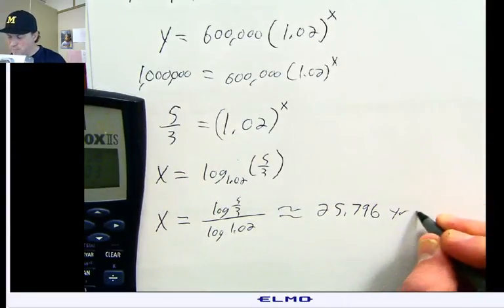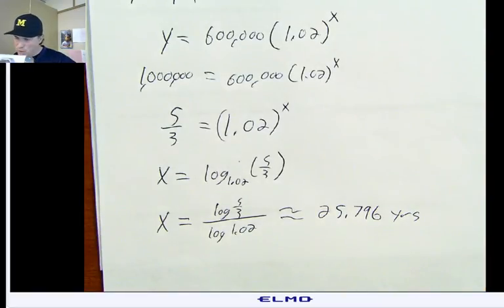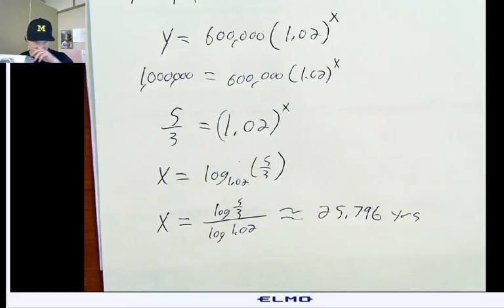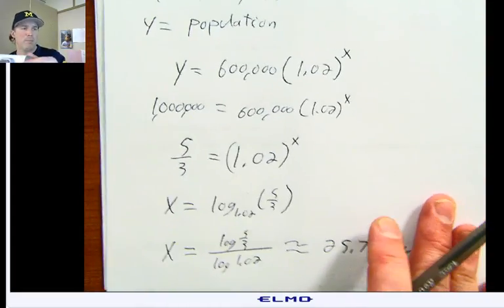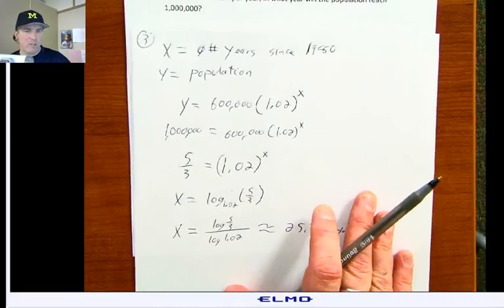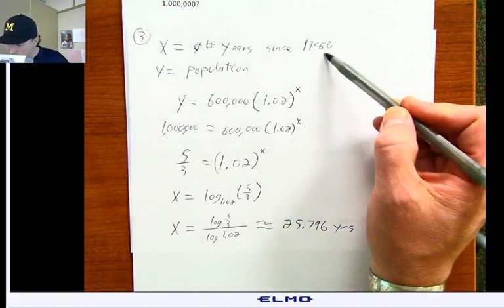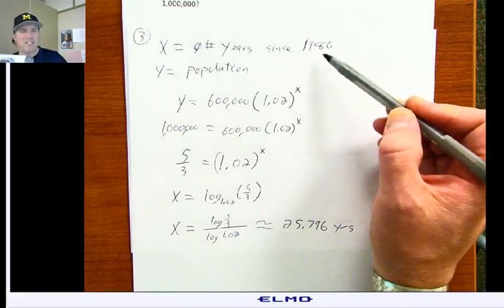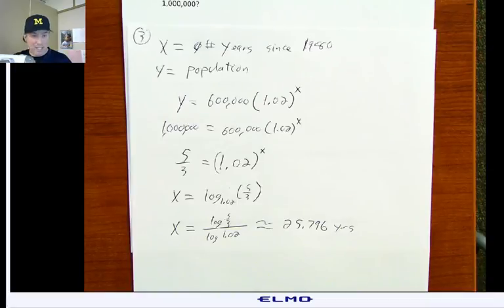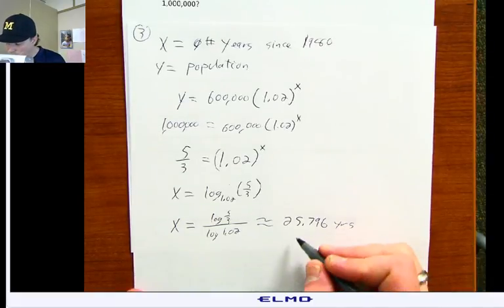25.796 years. But we got to make sure we answer the question because they want to know in what year. So, like I said at the beginning of the problem, we should just assume that this is January 1st of 1980. So, even if the decimal is like 0.9, it would still be 1980. So this is one of those situations that you should round down no matter what.